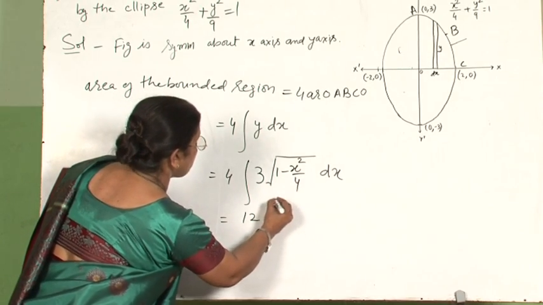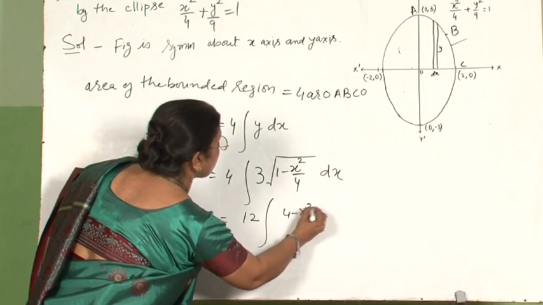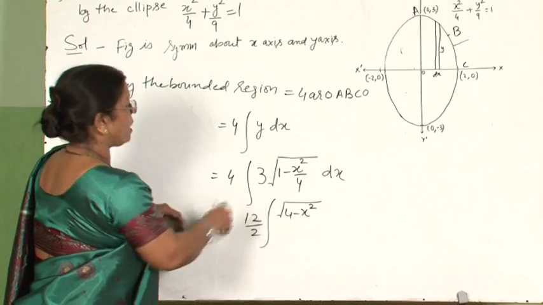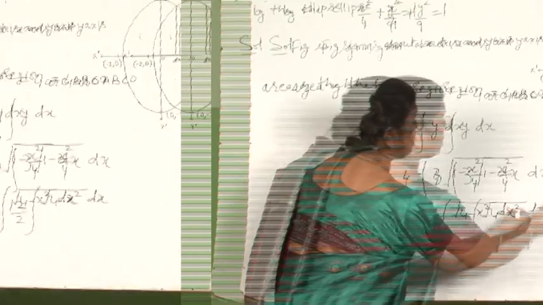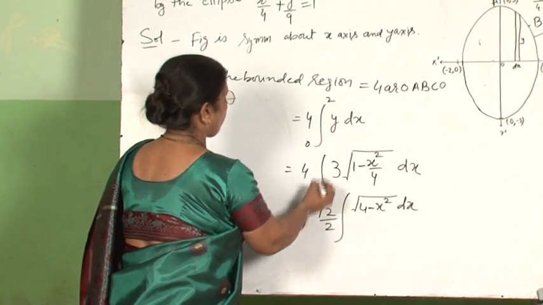From here this becomes 4 minus x square under square root 12 by 2, this 2 will come out dx. Here limit is from 0 to 2.